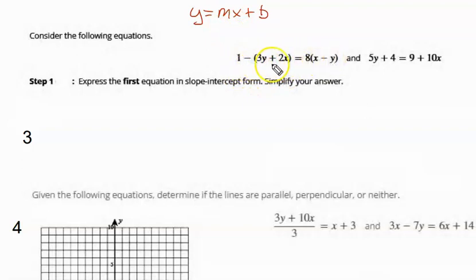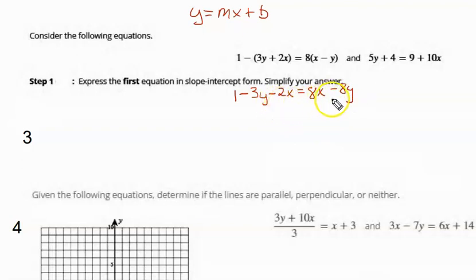So looking at this one, we're going to simplify it. Just take away the parentheses and change these signs. Now get rid of these parentheses. This is going to be 8x minus 8y.